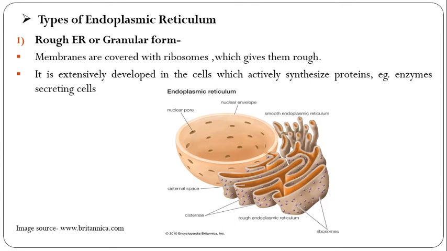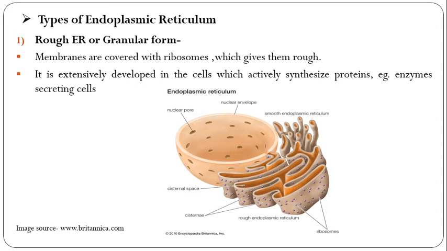So now its types. The types of endoplasmic reticulum are the rough endoplasmic reticulum, also known as granular form, and the smooth endoplasmic reticulum, which lacks ribosomes.